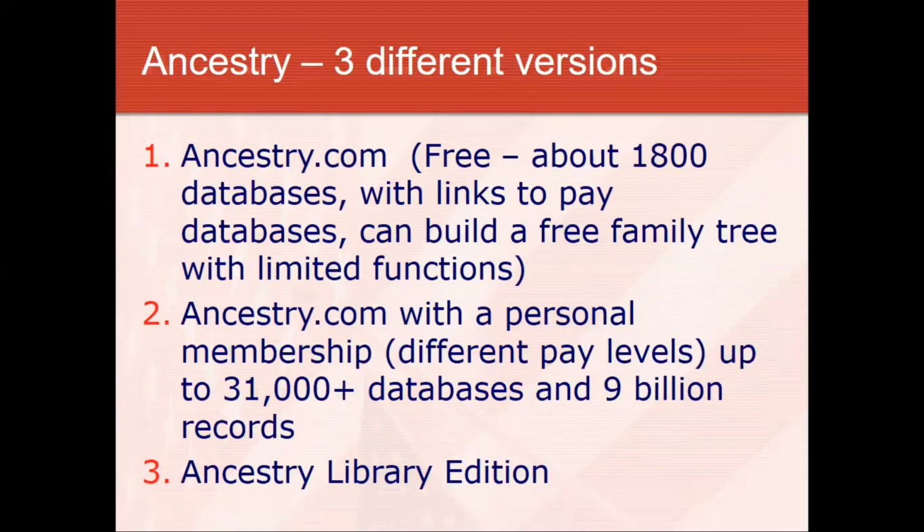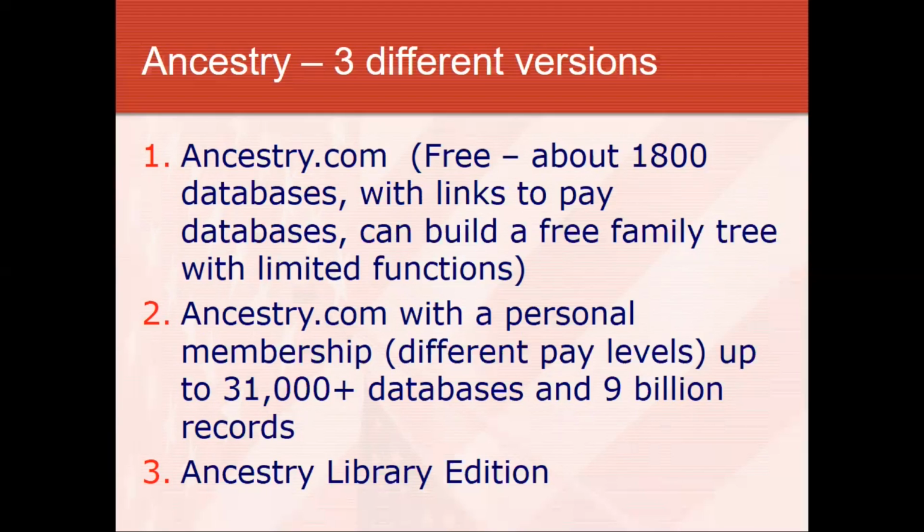I've mentioned Ancestry.com and Ancestry Library Edition a few times already. Ancestry has 3 versions that I can see. There's Ancestry.com, which is free on the internet, and it has about 1,800 databases with links to the pay databases where you can build a free family tree online on your home computer.